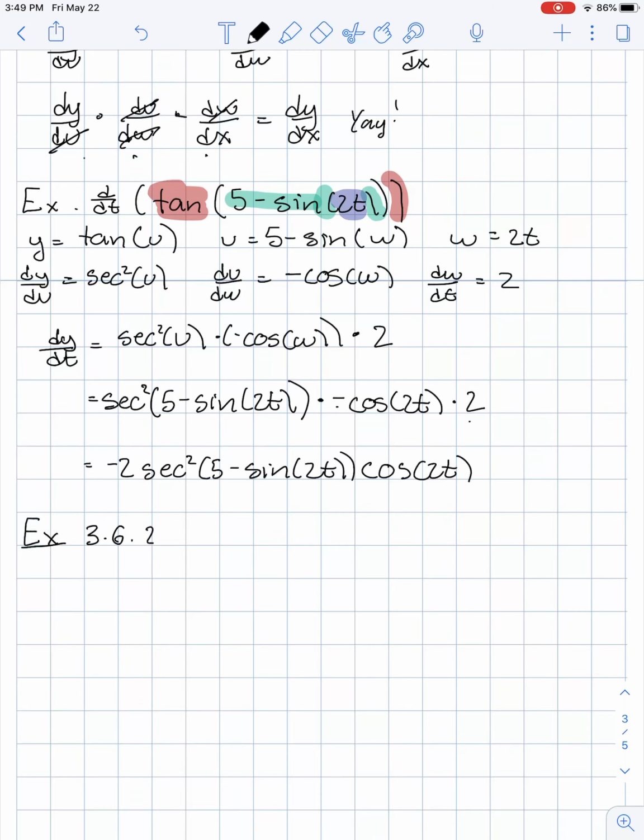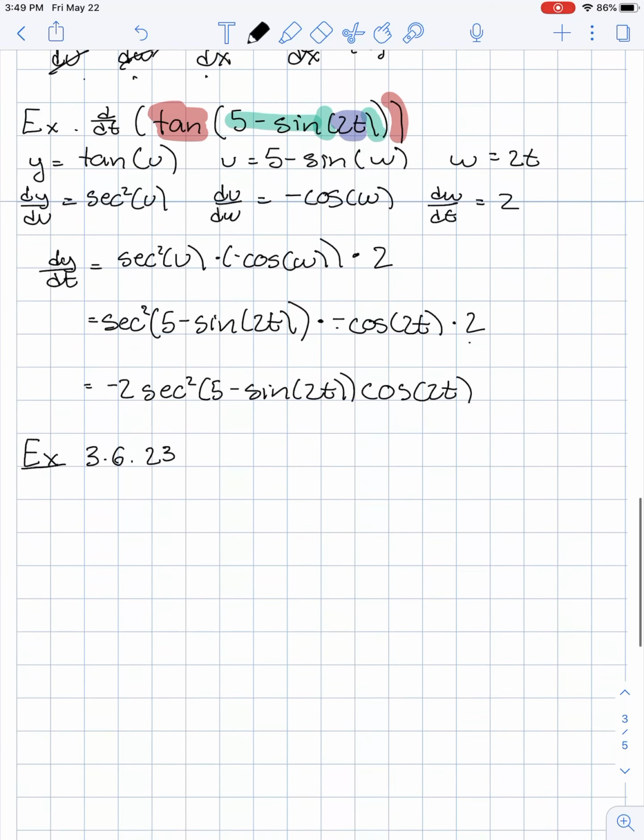So our first one is going to be 3.6.23. And we're asked to find dp/dt when p equals the square root of 3 minus t. Alrighty?